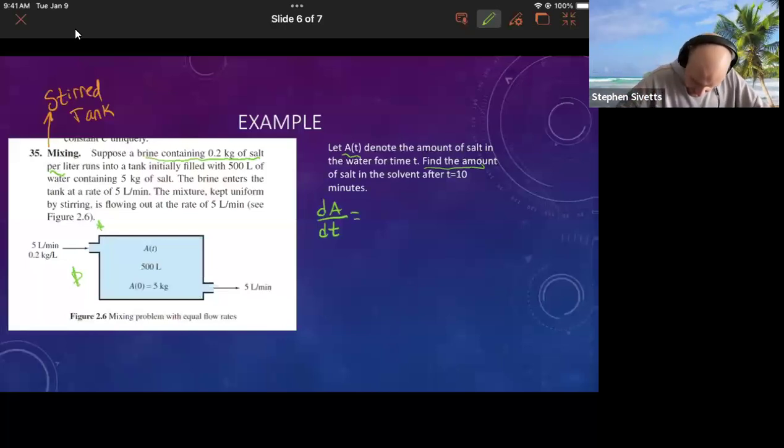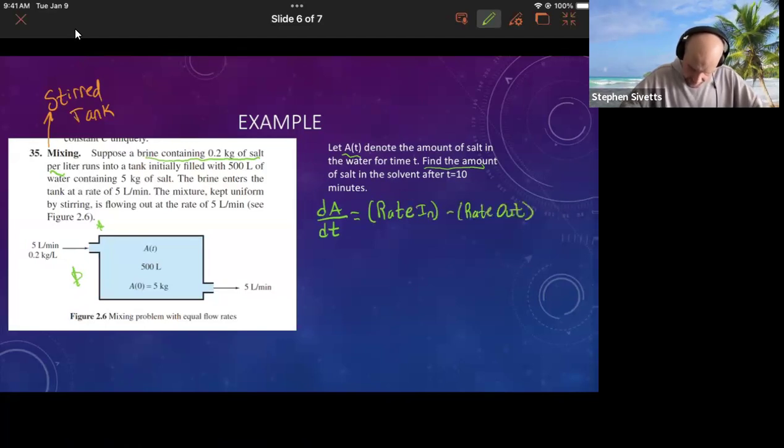And so all that is we have to calculate the rate of change of the salt going in minus the rate of the salt going out. Rate in minus rate out.